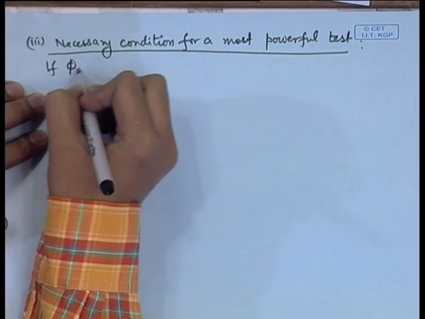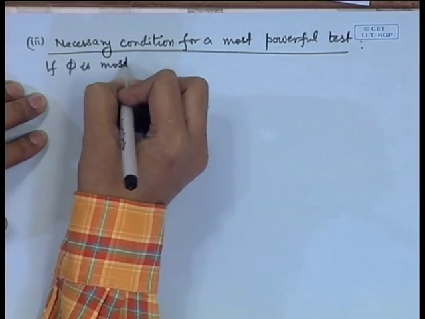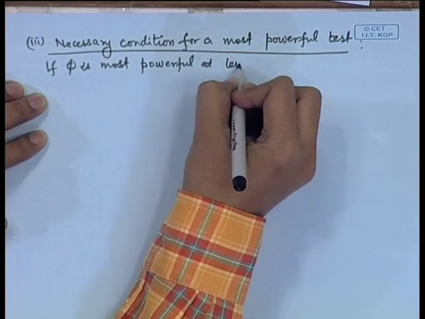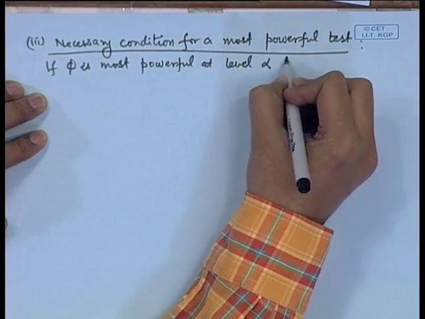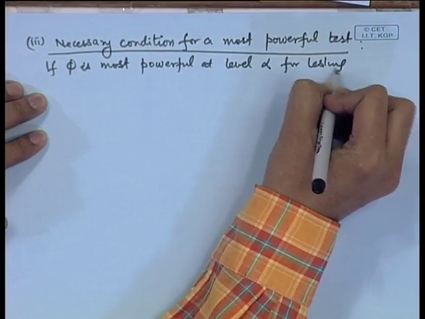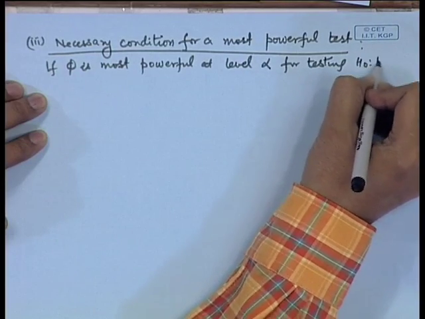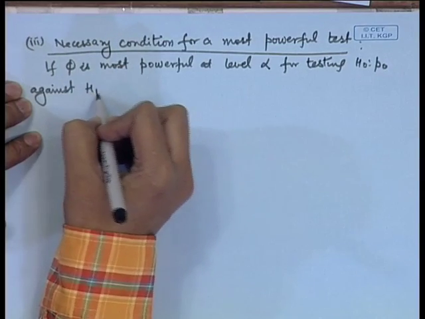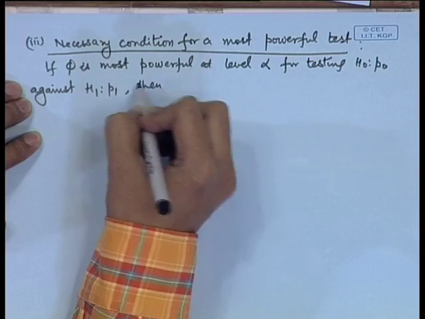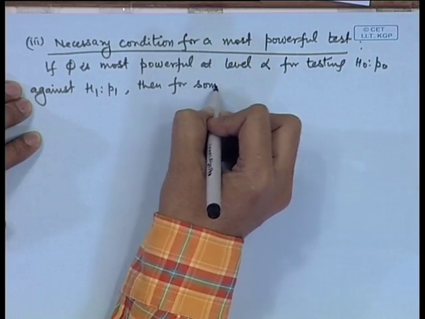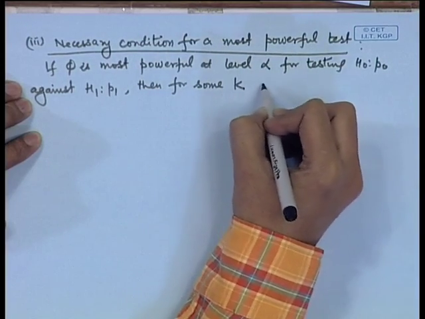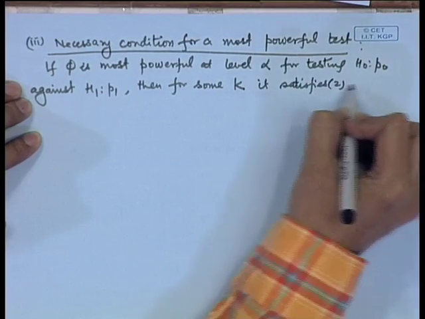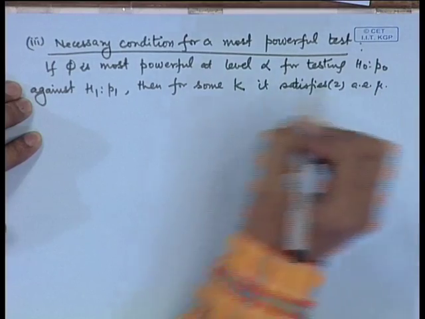If phi is most powerful at level alpha for testing H0, P0, against H1, P1, then for some k it satisfies 2 almost everywhere mu.